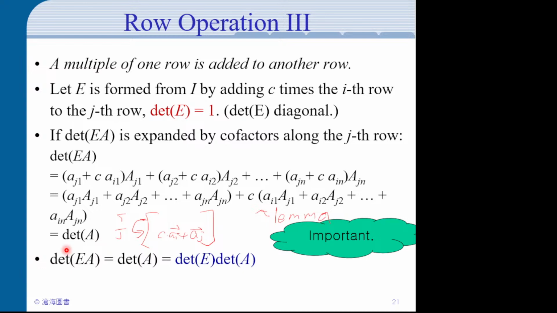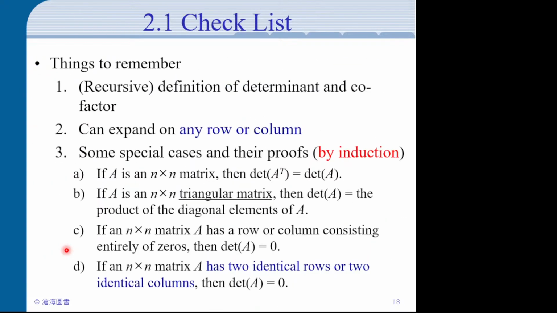Okay. This is the most technical thing today. Any question? So we went a long way. First we came from this recursive proof saying that if A has two identical rows or columns, then its determinant is 0.